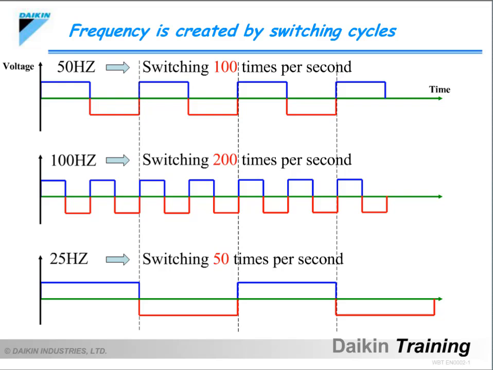By changing the number of switching times per second, the frequency can be changed in a non-step manner. In other words, the capacity of air conditioners can be adjusted linearly. This represents an overview of the inverter system, but I should add that the actual circuits are a little more complicated than this.